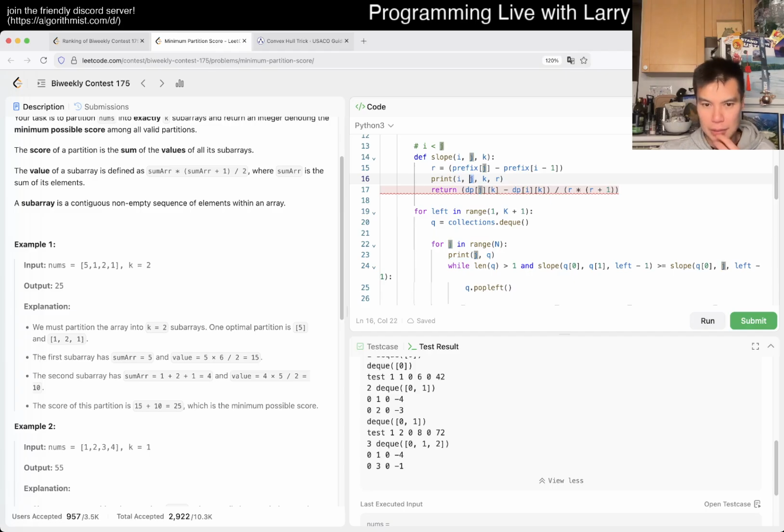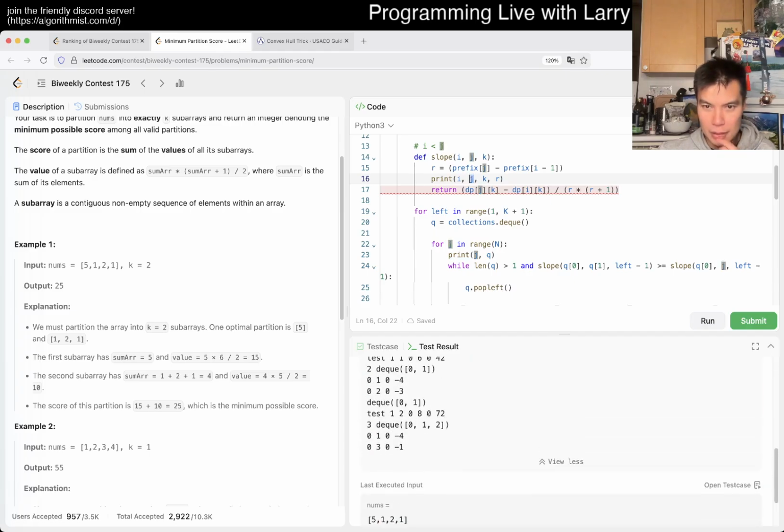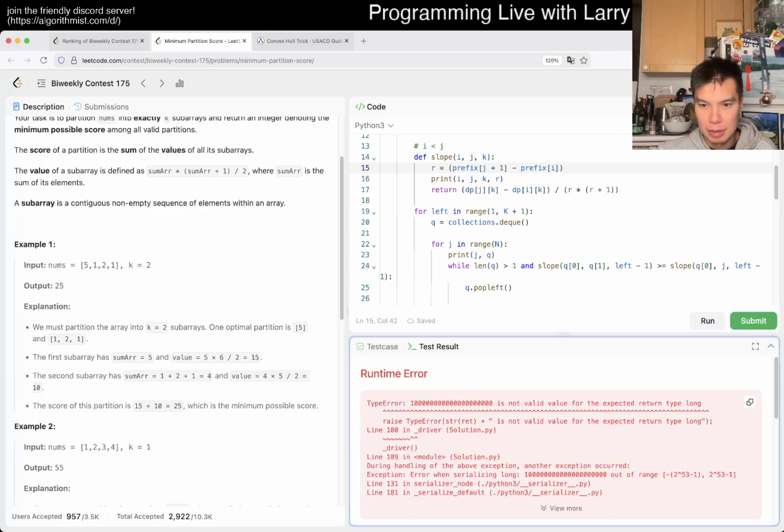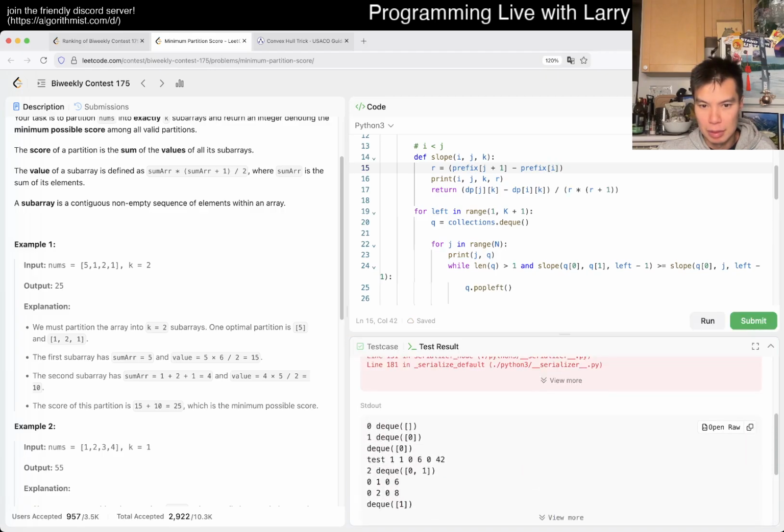Why is this going to be this then? Actually, did I mess up the indexes again? Maybe I did mess up the indexes again. Okay.